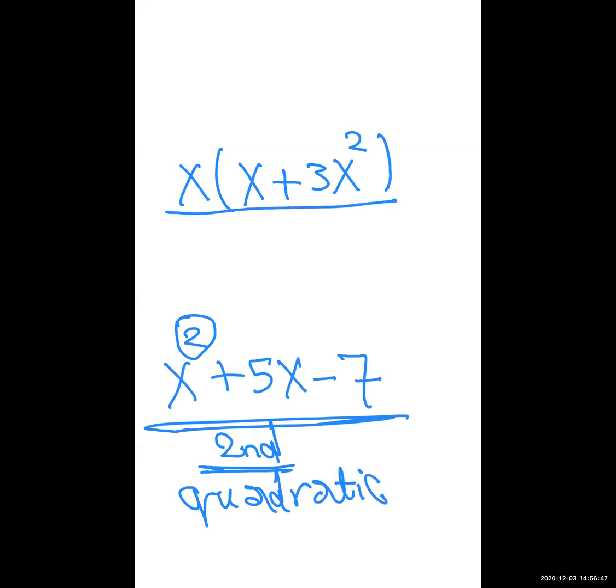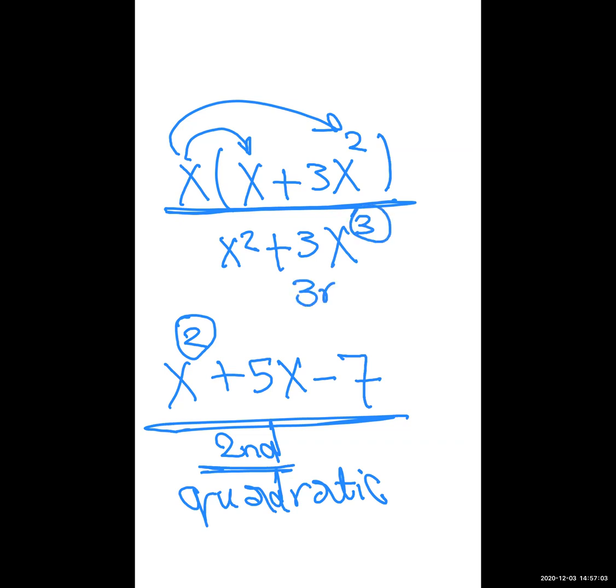But in this case, guys, x times x plus 3x squared, we have to simplify it. So x times x means x squared, and x times 3x squared gives 3x power 3. Now the highest power is 3, so third degree. We have to simplify it first.